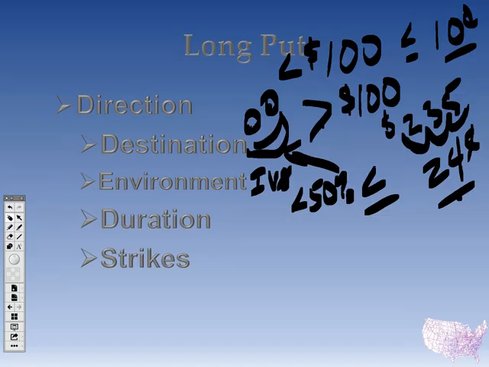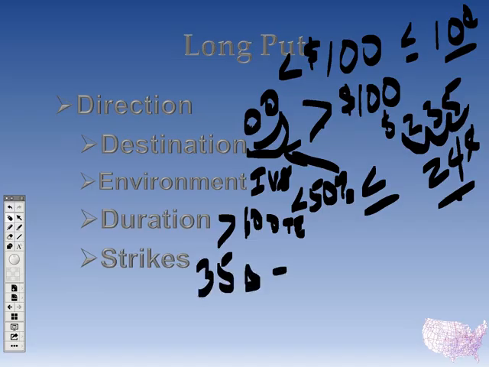Our duration is greater than like 60 days to expiration. And our strike locations, just to review, are between a 35 delta and a 45 delta. All right, just a little review there.